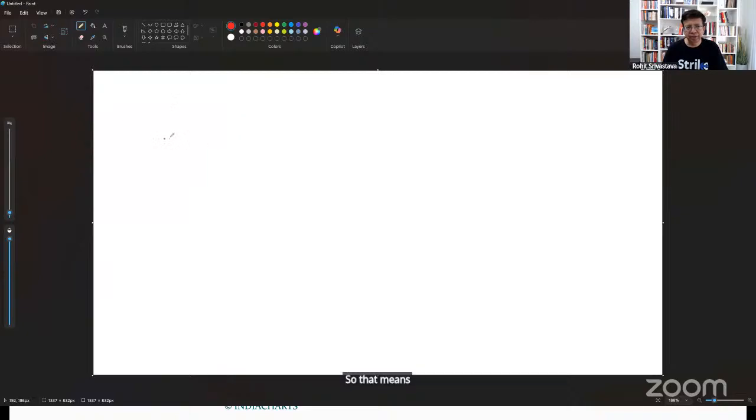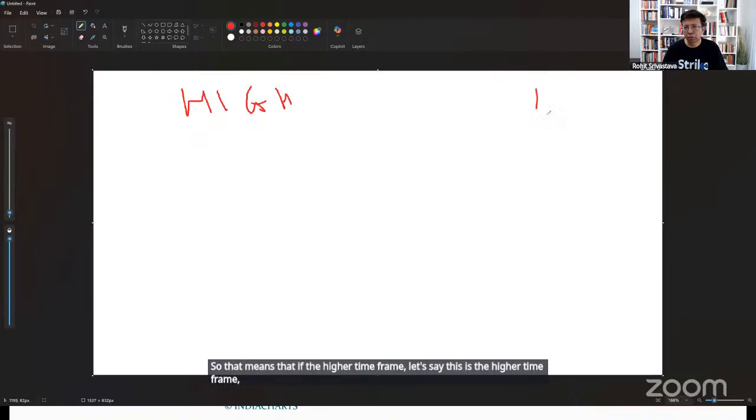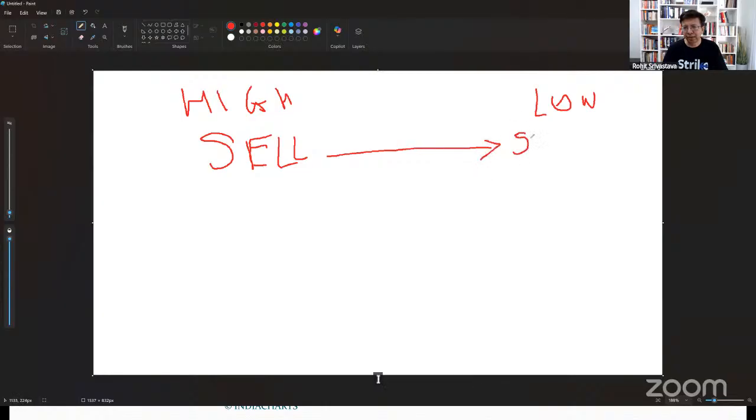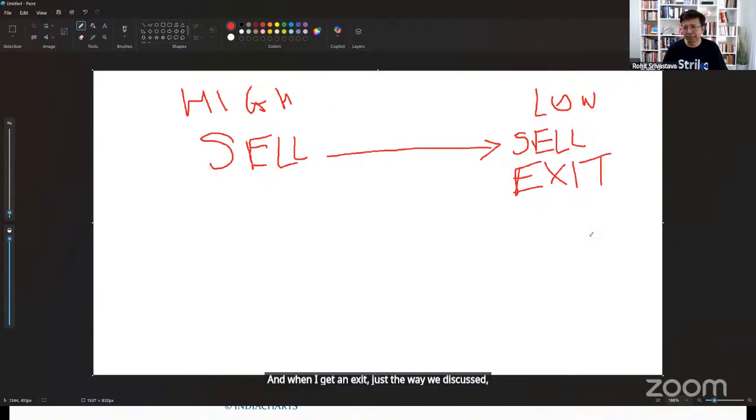So that means that if, let's say, this is the higher time frame and this is the lower time frame, and the higher time frame says sell, on the lower time frame, what do I do? I sell when I get a sell signal, and when I get an exit, just the way we discussed, I exit, which means I go above a moving average or I go above a trend line, I exit.